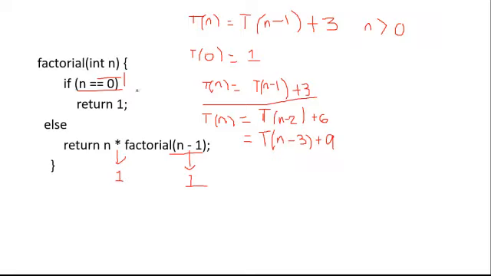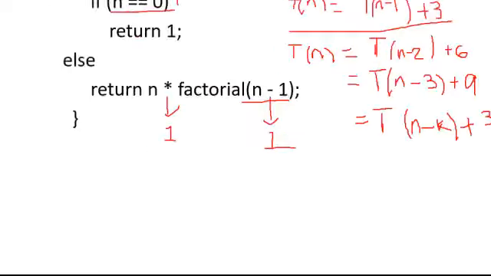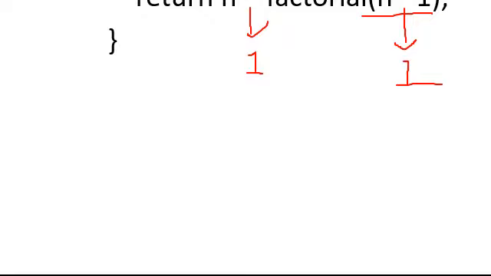So if we reduce this by a generic k, then this is equal to t of n minus k plus 3k. Now we want to express this in terms of t of 0.